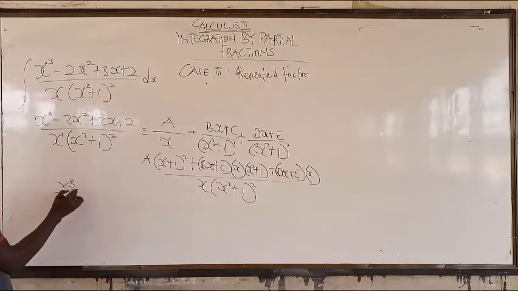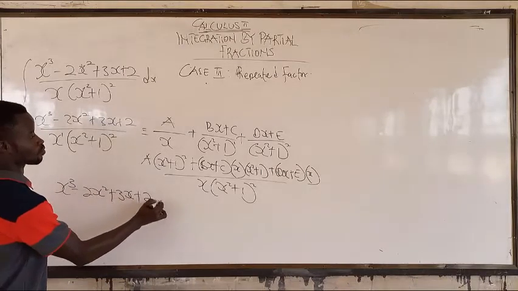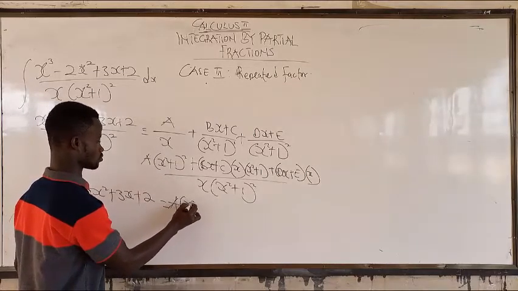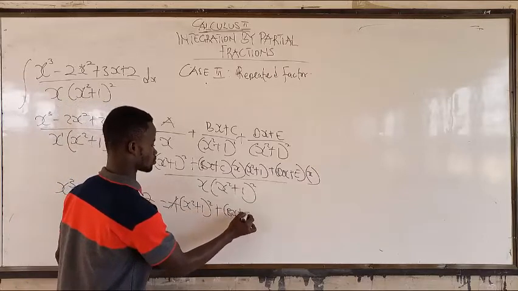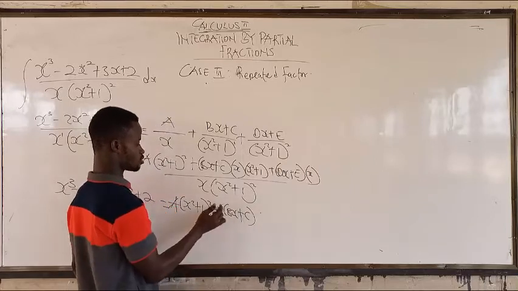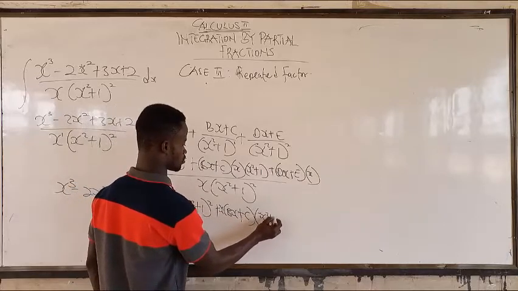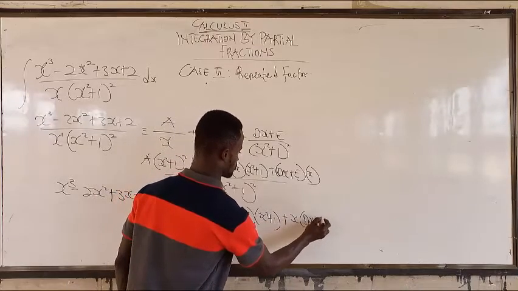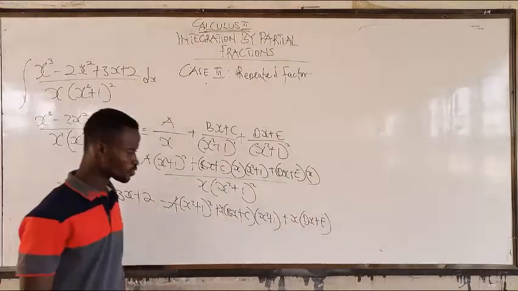So x cubed minus 2x squared plus. Now this x, you can bring it here. Very good. So that is what we have here.